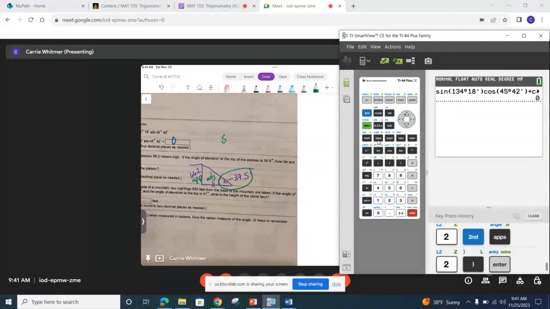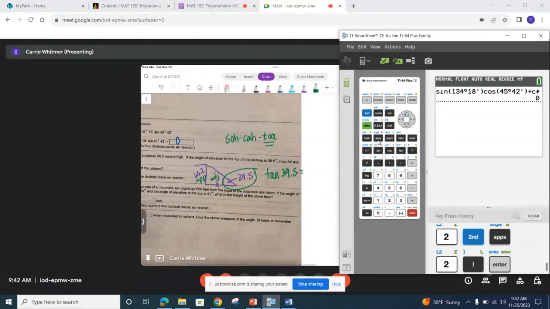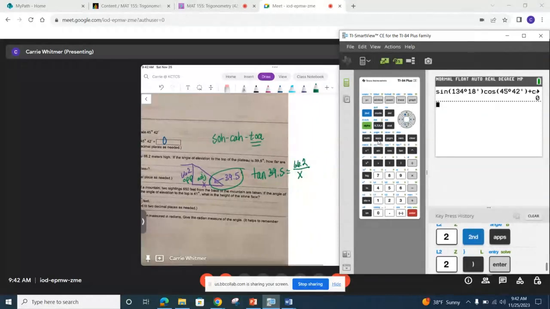So if we're thinking about SOHCAHTOA, this is my setup. I have O and A, so I'm going to use tangent. So I'm going to say the tangent of my angle is equal to the opposite. The opposite is 66.2 over the adjacent. The adjacent is x. So when I go to solve, I'm going to multiply both sides by x.